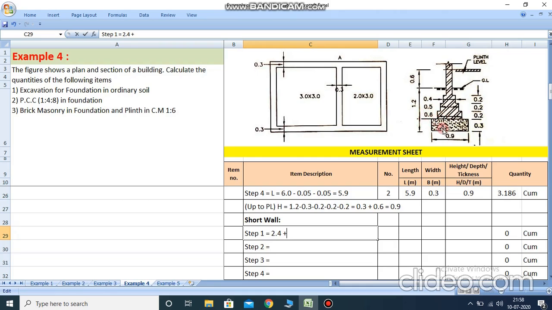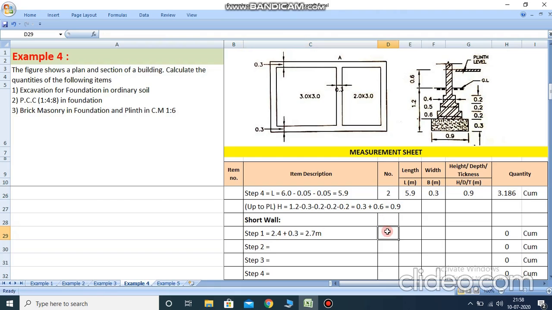The length is the summation of 2.4 meter plus the difference of 0.9 and 0.6. The difference is 0.3, so 2.4 plus 0.3 is equal to 2.7 meter length. Clear? So we calculated 2.7 meter length.